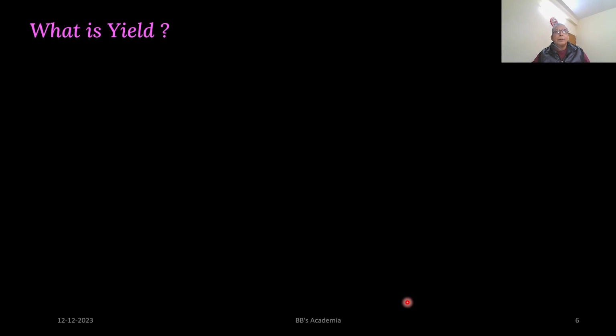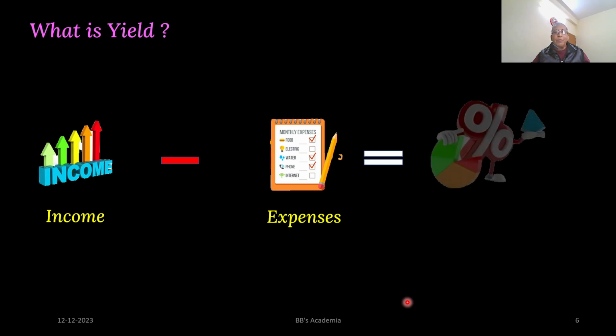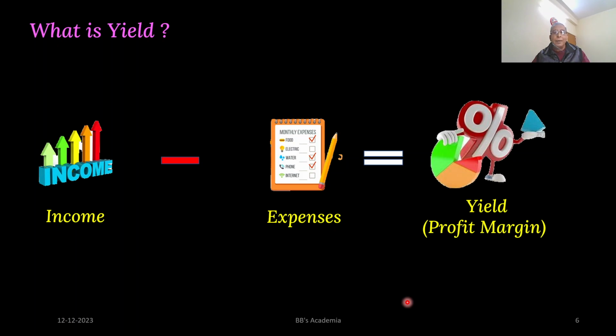You have some good amount of income in your hand, minus your expenses, and after that, whatever is remaining in your hand, that is your yield or profit margin. That is a simple equation and understanding of the word yield. Now, what is yield management? Now, it is coming to the part management.